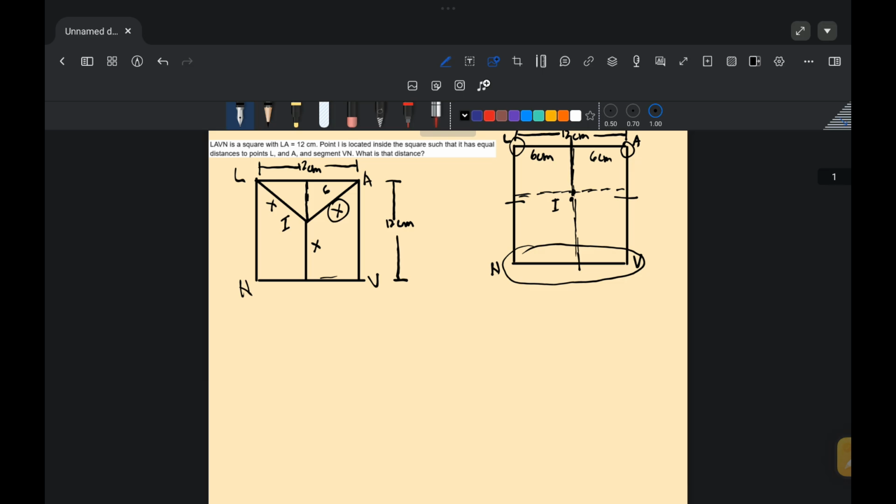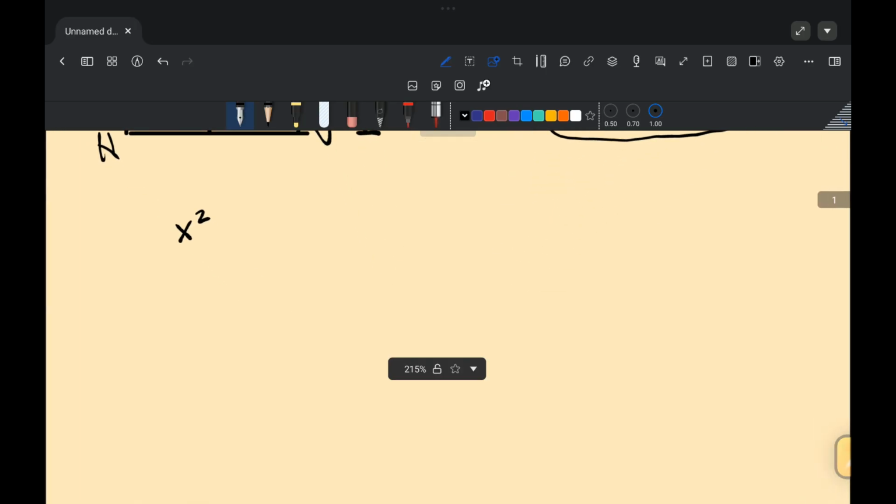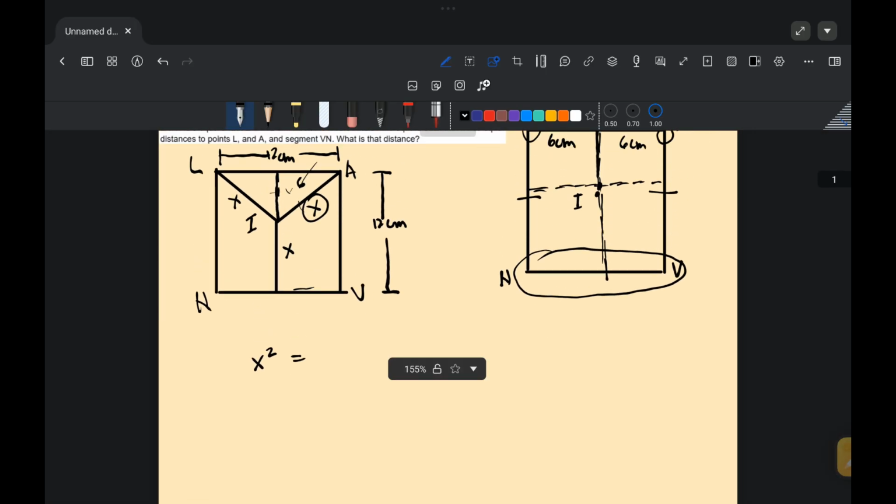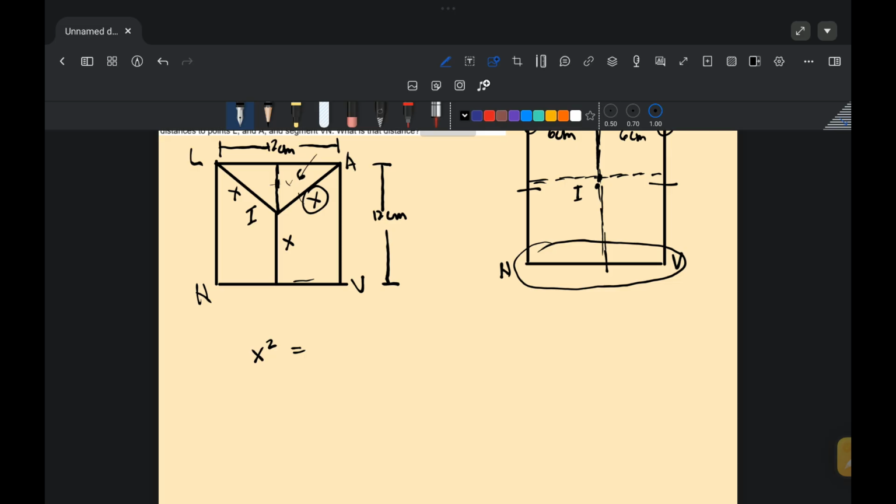By the Pythagorean theorem, since in this triangle X is the hypotenuse, we can write X squared is equal to, so we know that this side is 6 from the perpendicular bisector, 12 divided by 2 is 6.